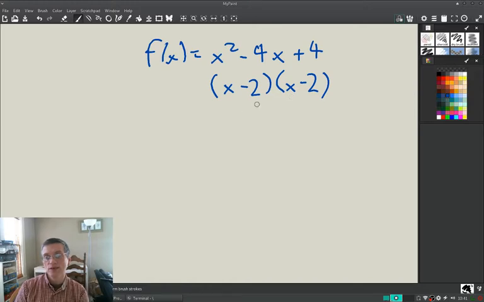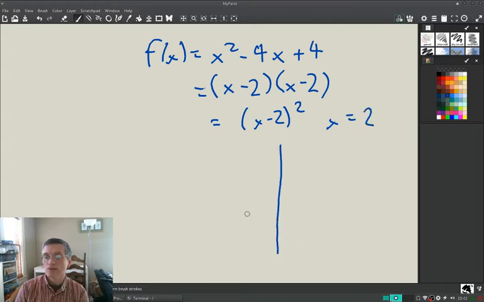These two are the same. You could also write this as x minus 2 squared. This only has one zero. It happens when x equals 2. So this parabola just touches at 2. It has one zero. Sort of a degenerate case where the two come together.